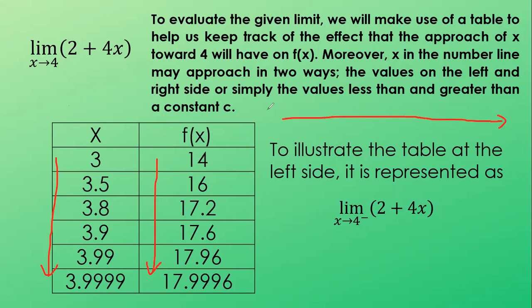moreover, si x natin ay pwedeng i-approach si 4 in two ways. No? So, pwedeng i-approach niya si 4 from values less than 4 or from values na nasa right or left ni 4.